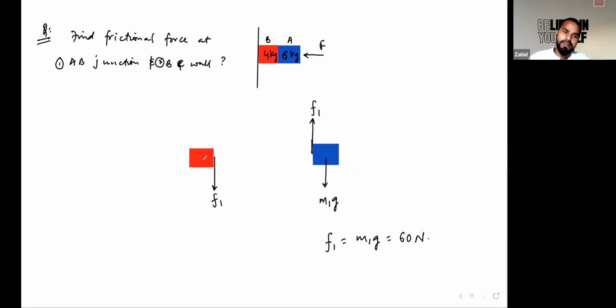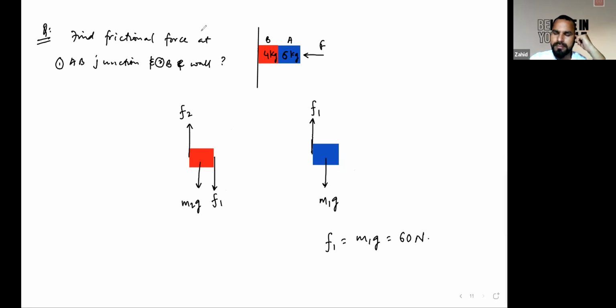Now, if you draw the FBD, using its mass it must be experiencing M2G in the downward direction. Now to balance these two forces, there would be a frictional force at the point of contact between the block and wall, let's say F2.